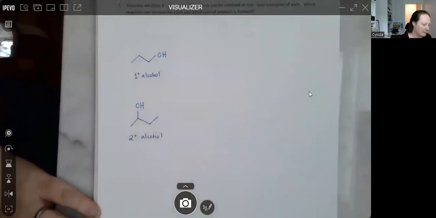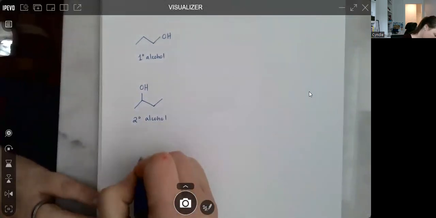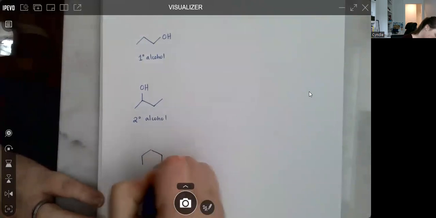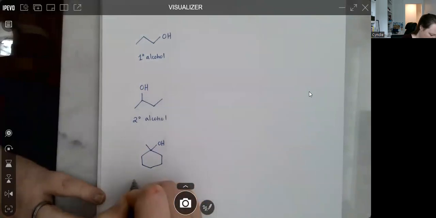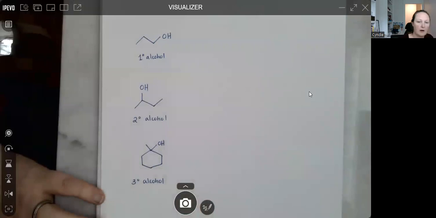And then maybe an example tertiary alcohol. All right, so now that we have these drawn out, let's think about their oxidation reactions.